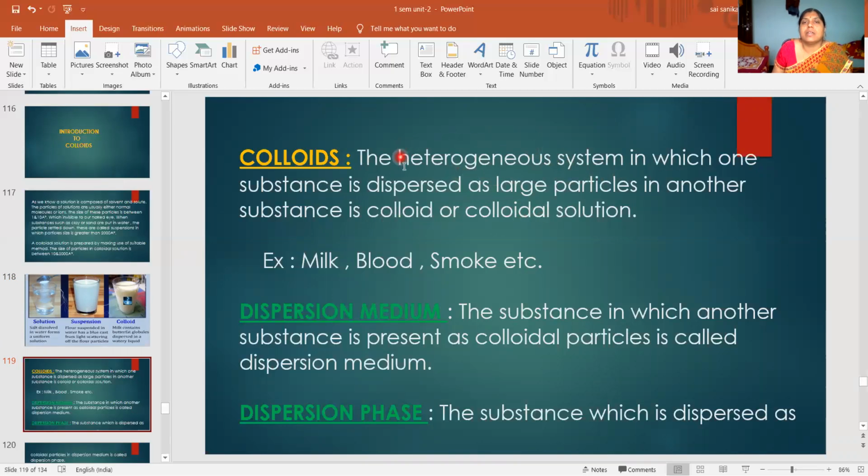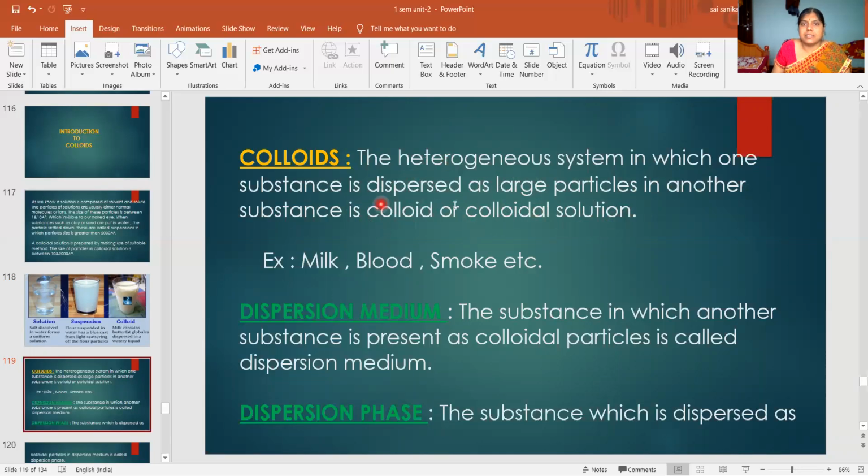That means you can differentiate two components. It is hetero, a different system, in which one substance is dispersed as larger particles in another substance. So that is called a colloid or colloidal solution.